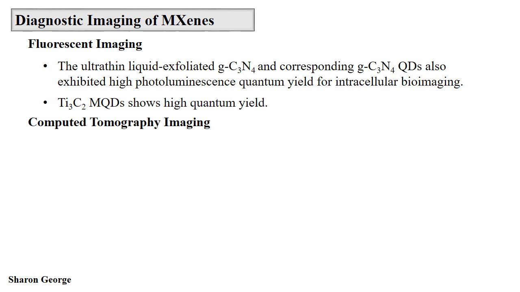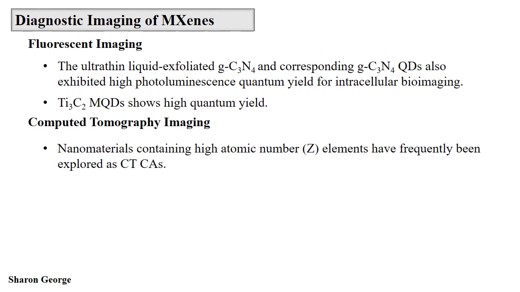For that, tungsten disulfide based MXenes were used as a contrast agent for CT imaging because tungsten has an atomic number of 74, which is superior to the conventional contrast agent element.